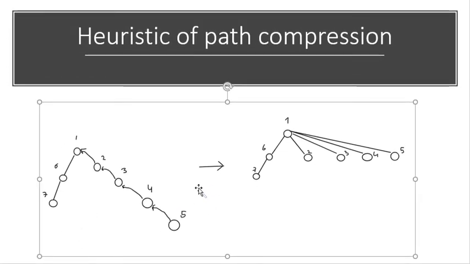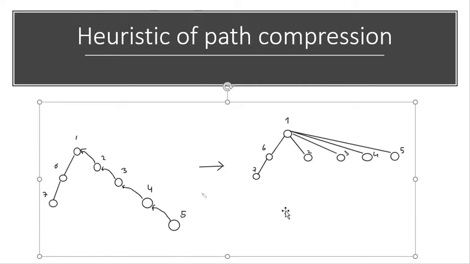Okay, let's see. What if we just reuse our find set operation? After performing find set on vertex number 5, our tree will look like this.